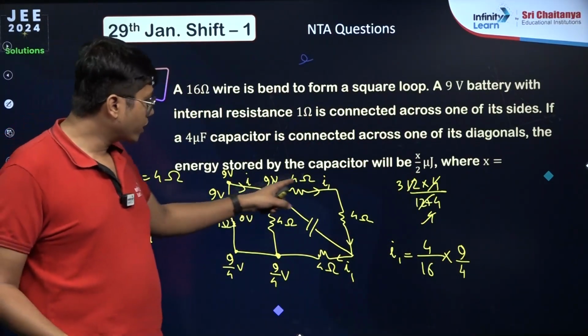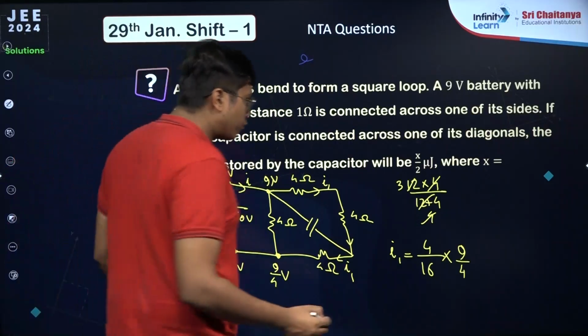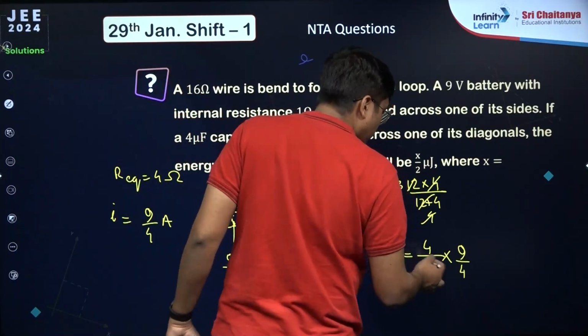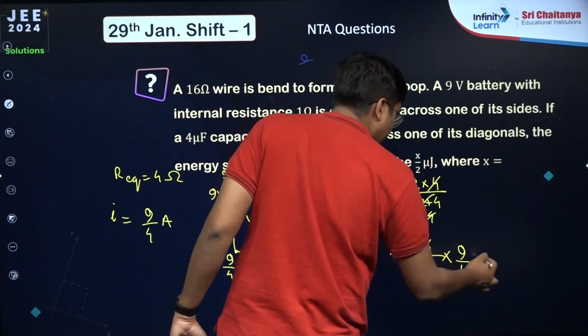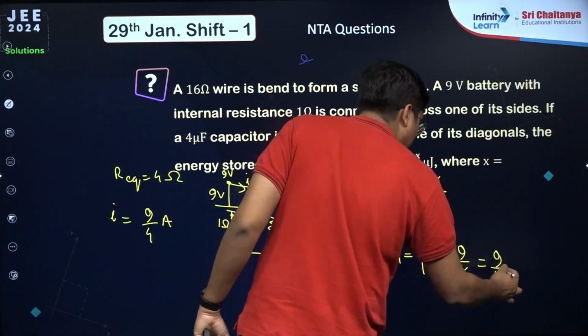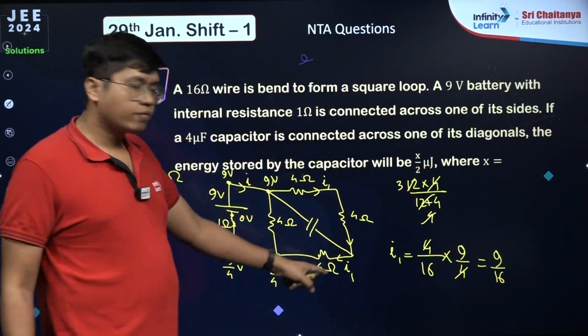This is the current flowing in this path, which if you cancel it out, you'll have 9 by 16. That is the current that flows in this wire.